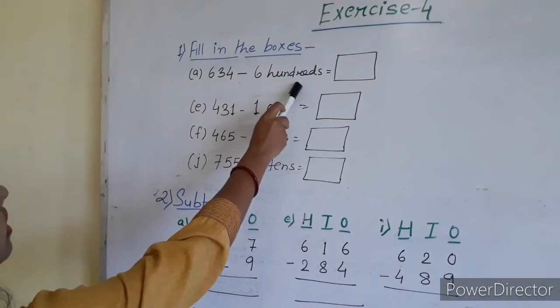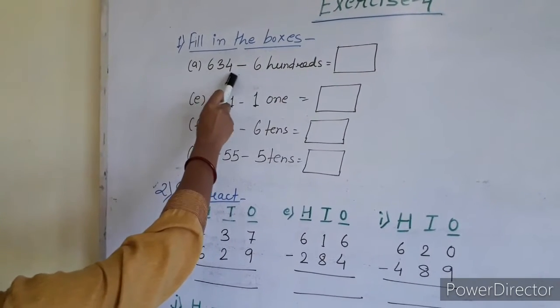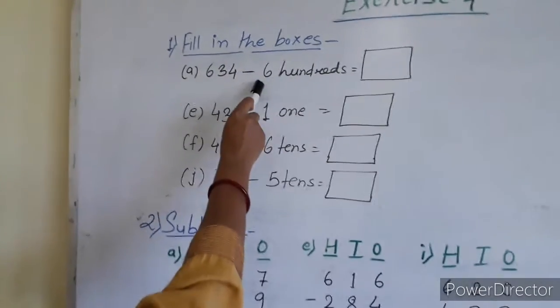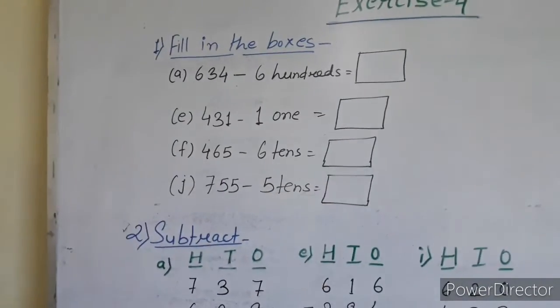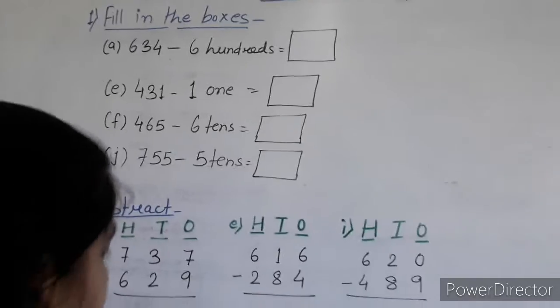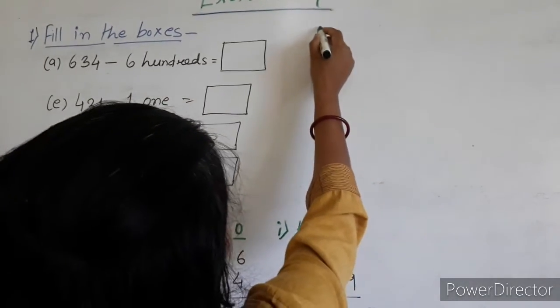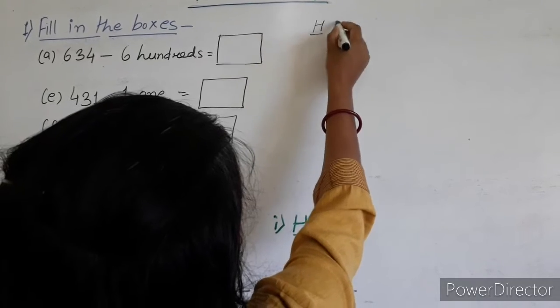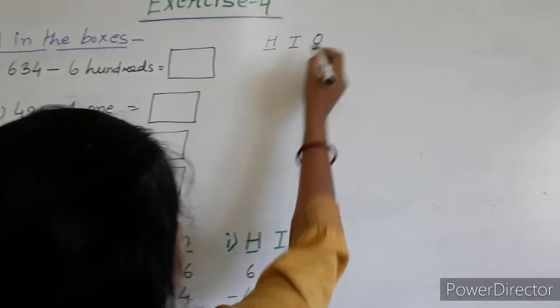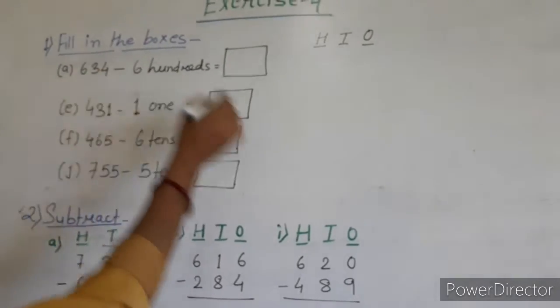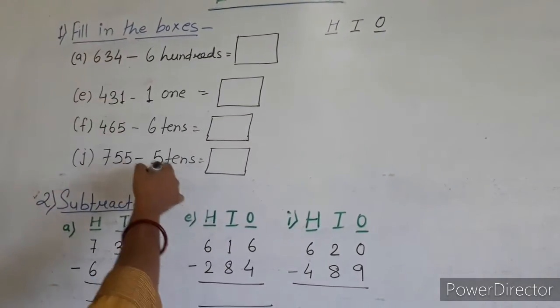634 minus 600. It means you have to subtract this 3-digit number with this 600. So how will you do it? You will just see this is 634. You do it in your rough page. Here I will show you how you will subtract these numbers.